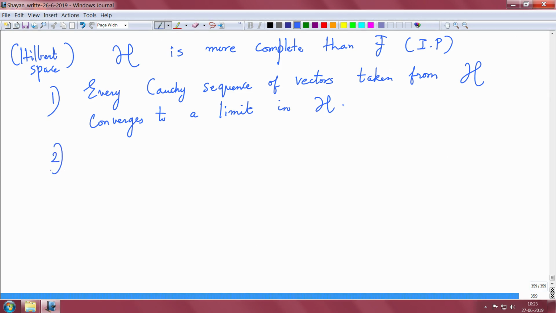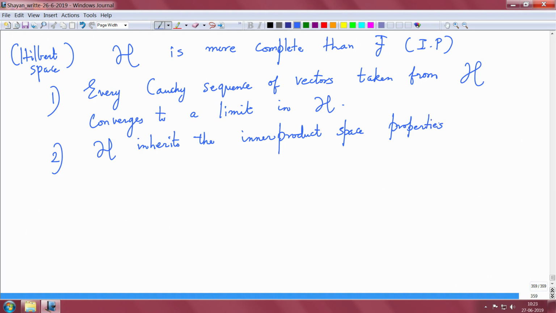And most important of all, H inherits the inner product space properties.